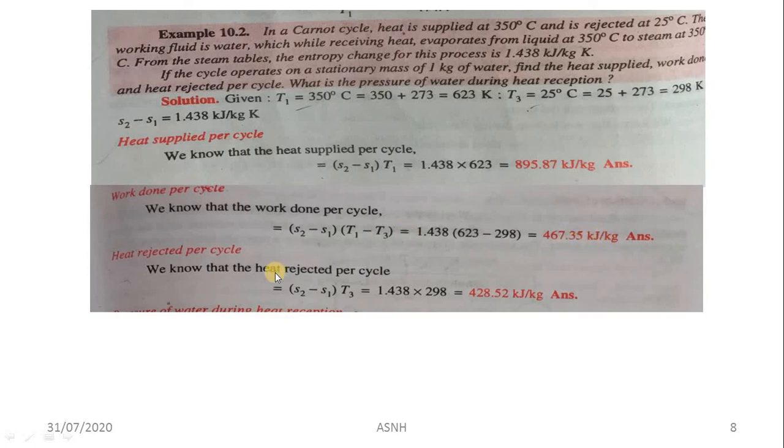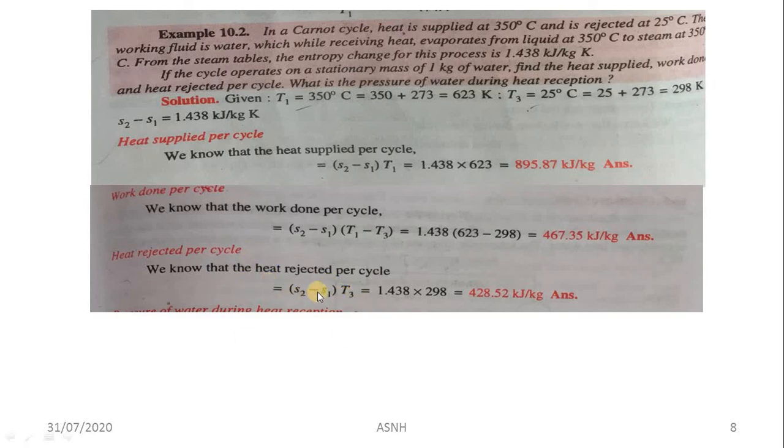Now it is time to calculate the heat rejected per cycle. The formula is S2 minus S1 into T3. In words, the meaning of this formula is change in entropy into absolute temperature. In case of the heat supplied the absolute temperature is T1, and in case of the heat rejection process the absolute temperature is T3.